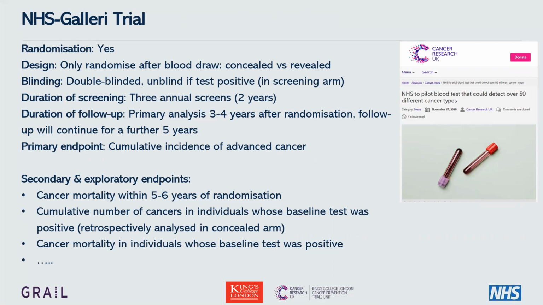We're only randomizing after the blood has been taken. So it's a concealed versus revealed design, but we're only going to test up front those people who are in the reveal arm. The others will be stored. It's double blinded, and we only unblind if the test is positive in the screening arm.